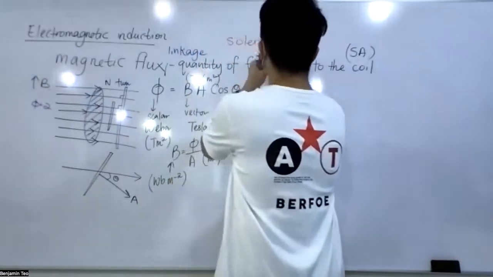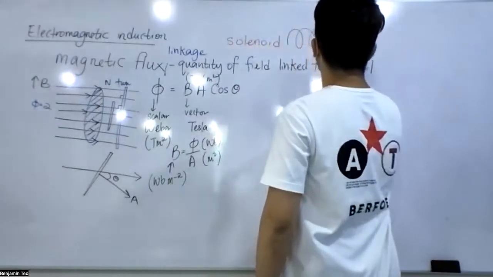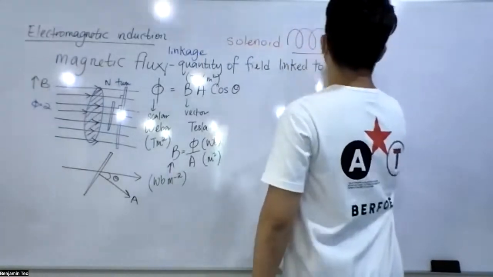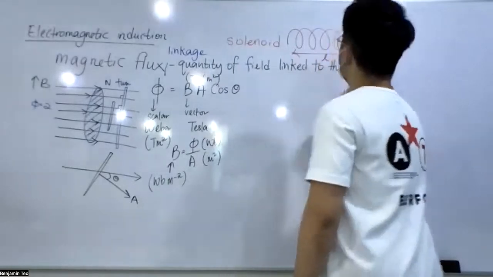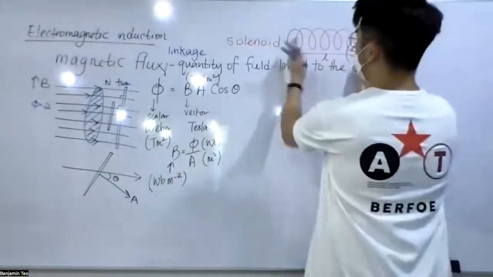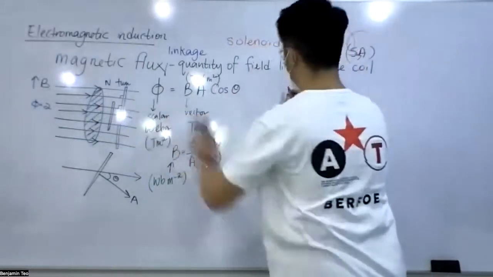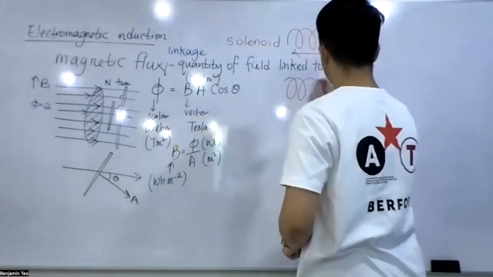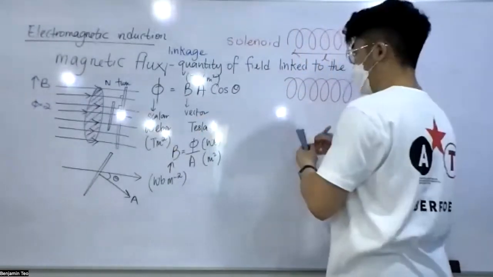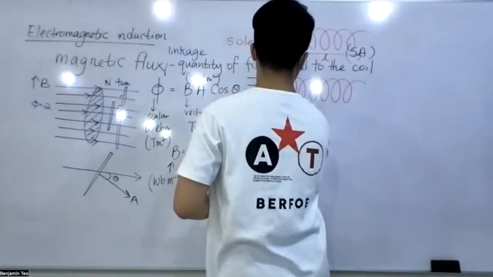Solenoid. What is a solenoid? A solenoid is like a coil of wire with length. It is not a flat coil. It has a length. So if I change this conductor to a solenoid, then we get the magnetic field crossing it.